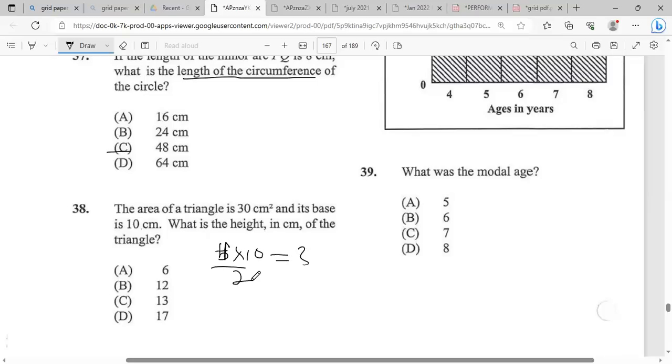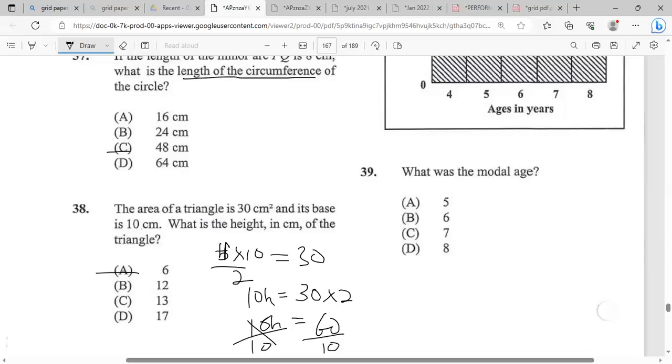From there, we can say 2 times 30 gives us 60, right? Then we have 10 times h, so that gives us 60, and then we divide both sides by 10 to get h by itself. It's an equation where you do to one, you do to all. So this is 6.